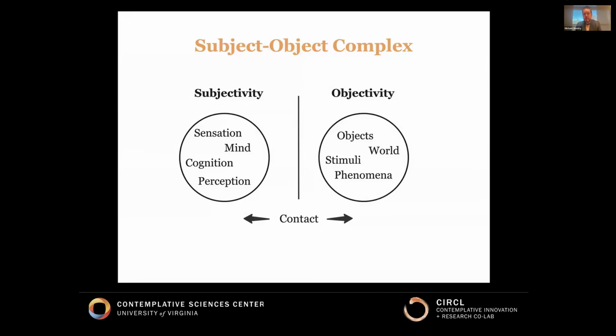And this is the fundamental dynamic, not that subject and object are intrinsically divided, but that because of this dynamic, there's a subject-object complex that arises when they're in contact. Okay?